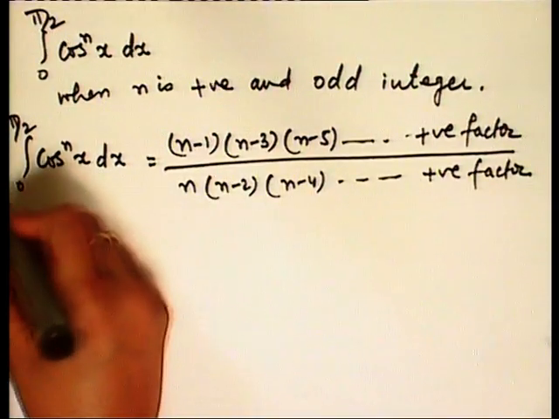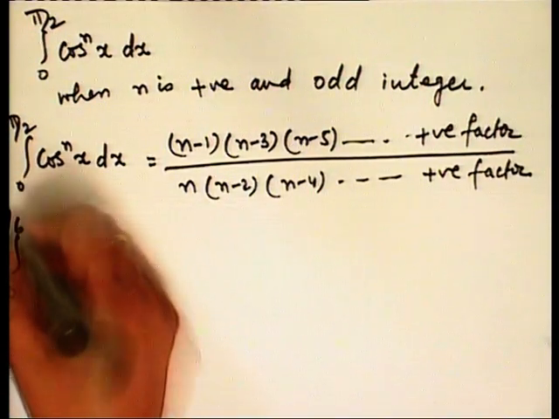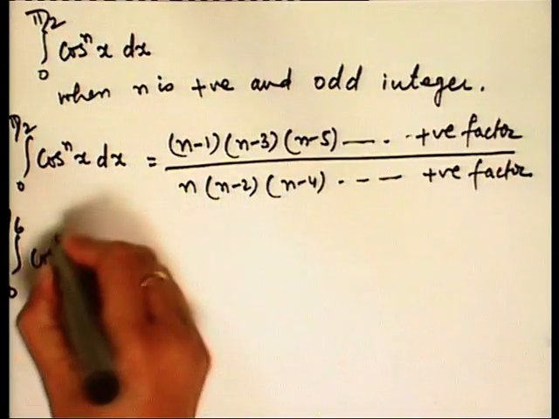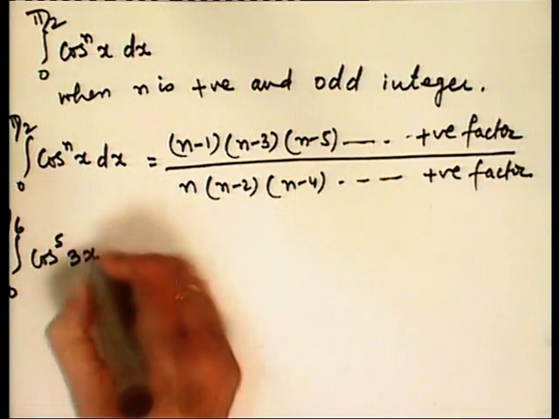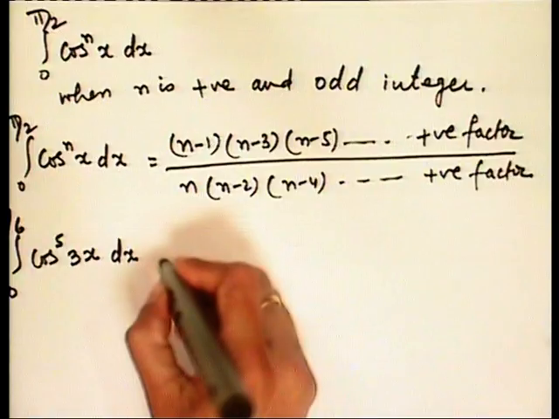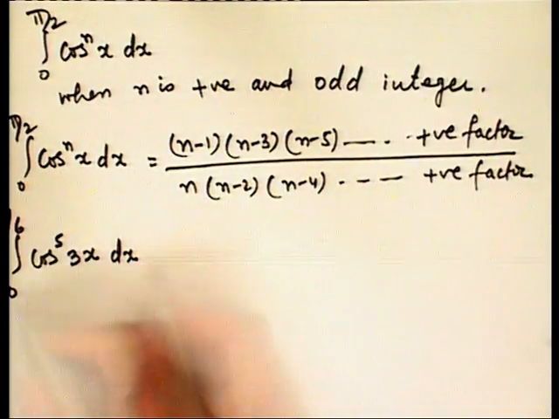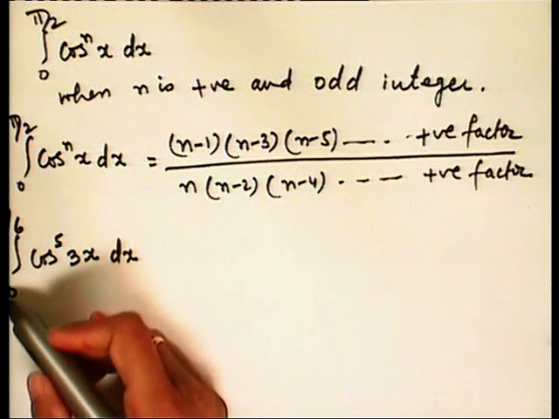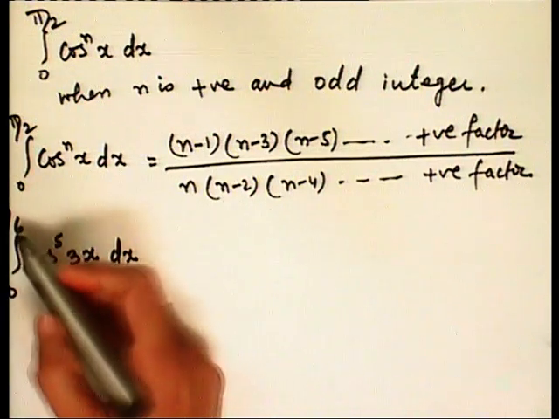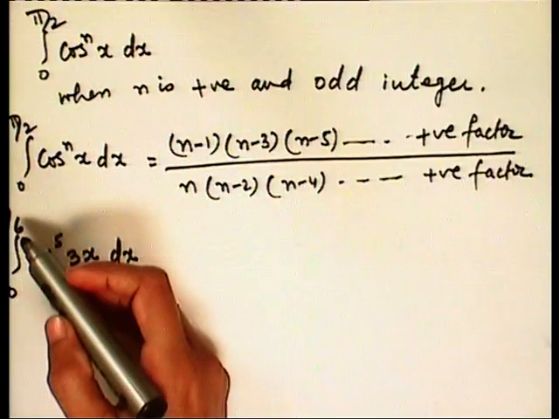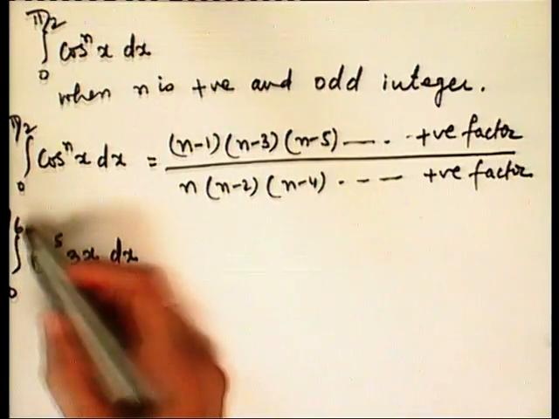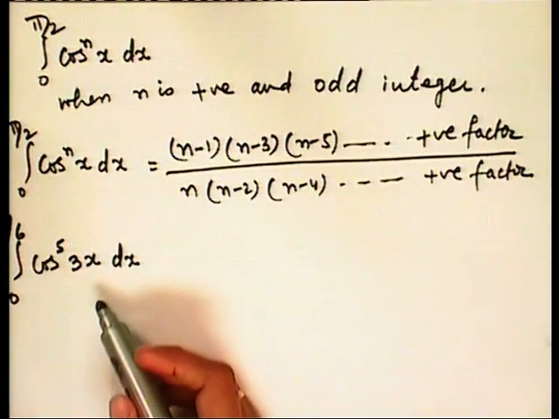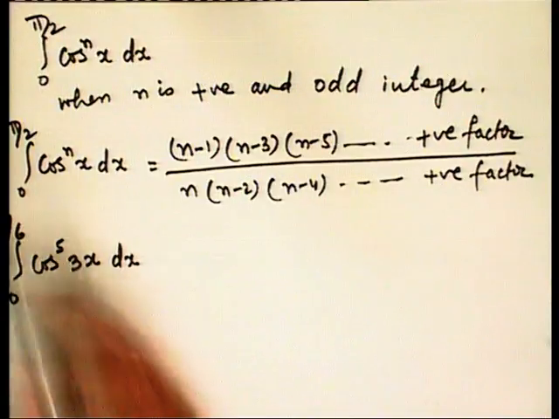0 to pi by 6, cos^5 3x dx. One thing is more important, that the limit should be 0 to pi by 2, but here our limit is pi by 6. So first of all we have to make our limits 0 to pi by 2.